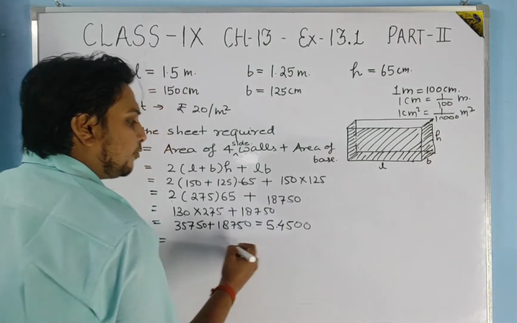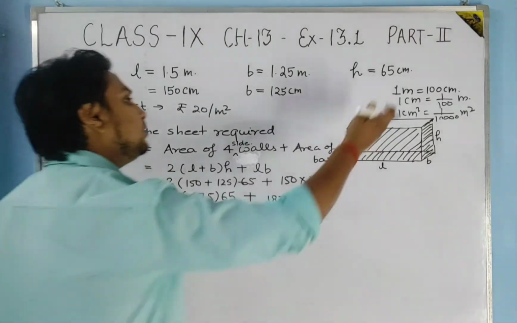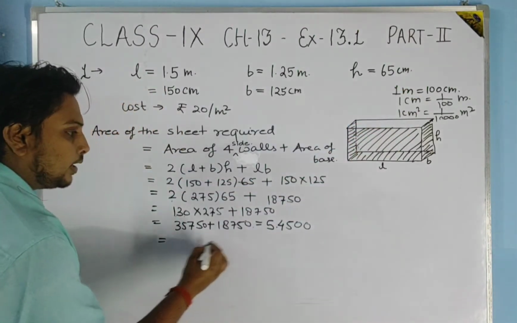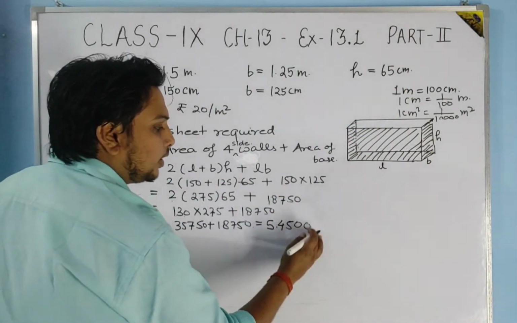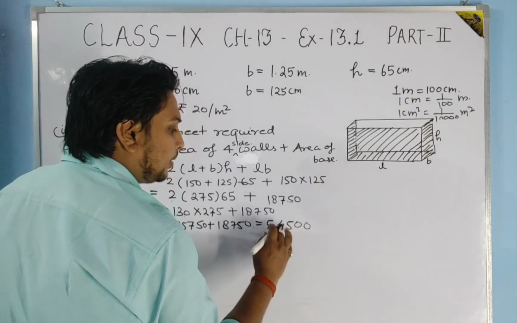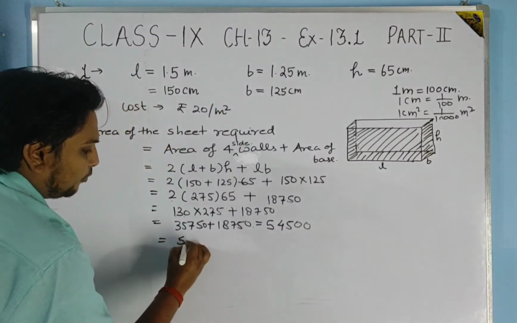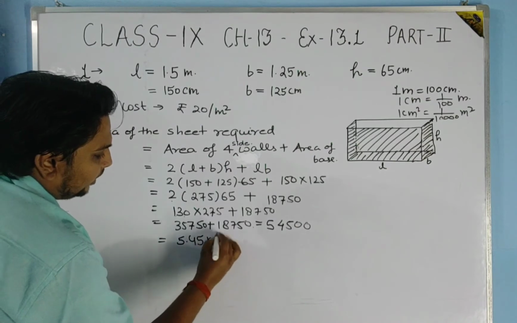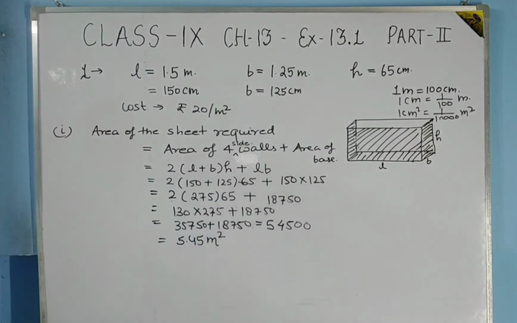So it is 5.45, and when we will change it in meter square, we have to divide it by 10,000, so that will be 5.45 meter square. This is the answer of the first part, that is area of the sheet required.